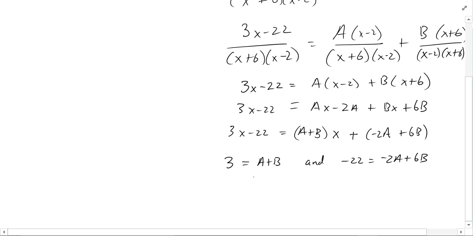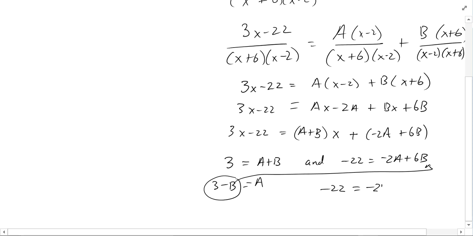So from the first equation I can solve for a. a is equal to 3 minus b, and I'll substitute that into the other equation. So negative 22 is equal to negative 2a plus 6b, replacing a with 3 minus b.